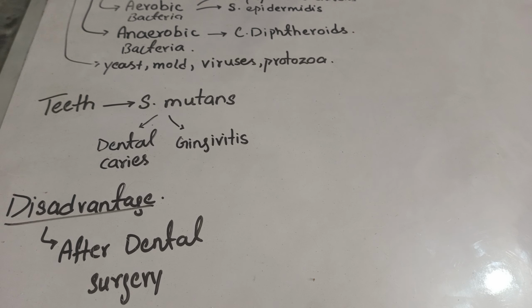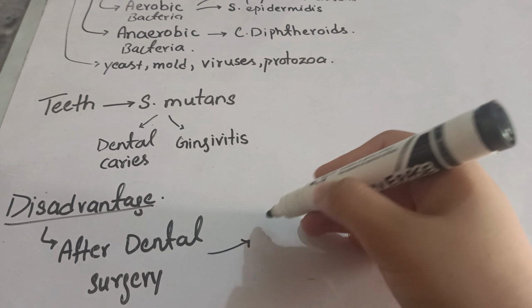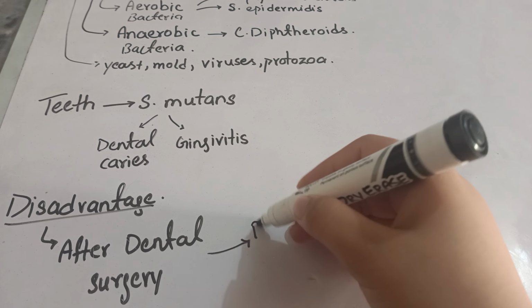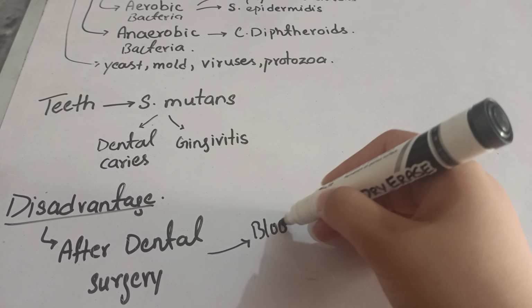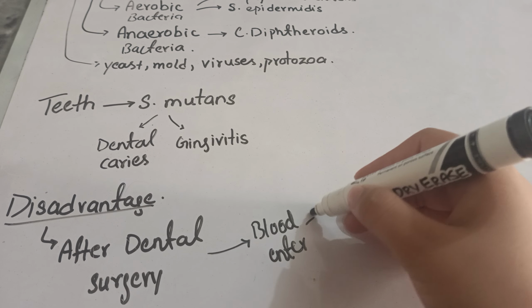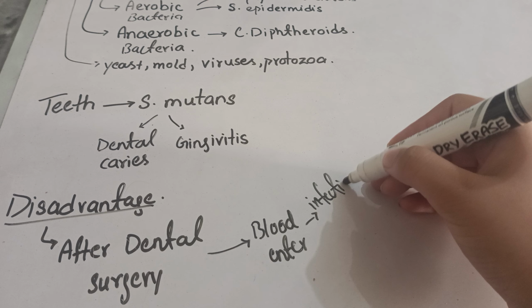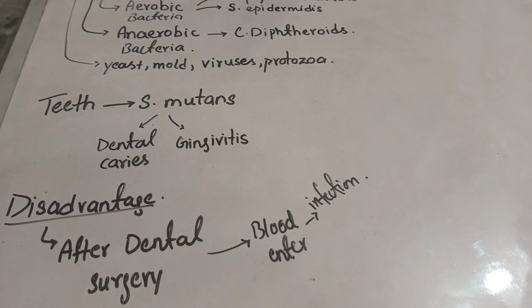Most of them are harmless, but one disadvantage is that after dental surgery these bacteria can penetrate and enter into your blood, and after entering the blood they can cause infection. Otherwise they are harmless to our body.